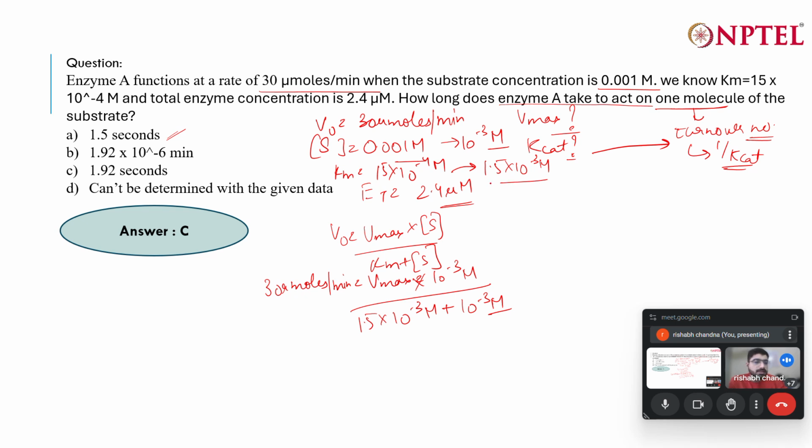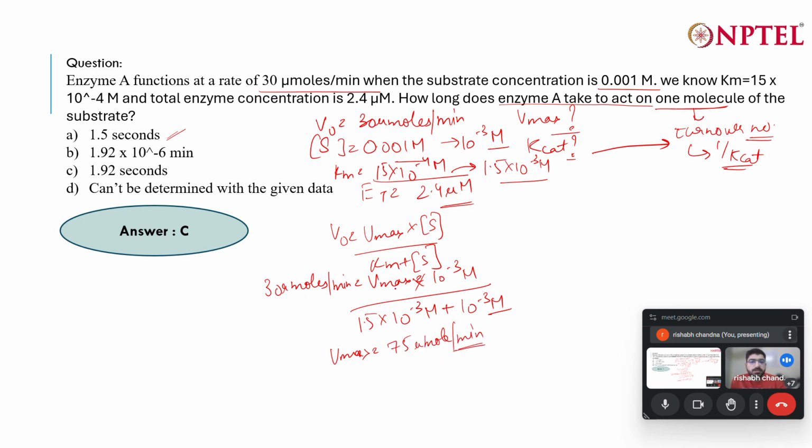This is one and the same thing as read before, just the way of representation is different. So now from here, the Vmax comes out to be 75 micromole per minute.